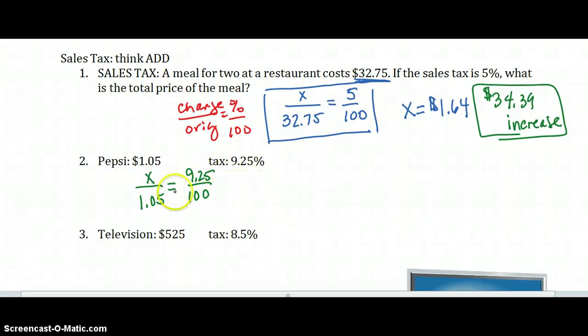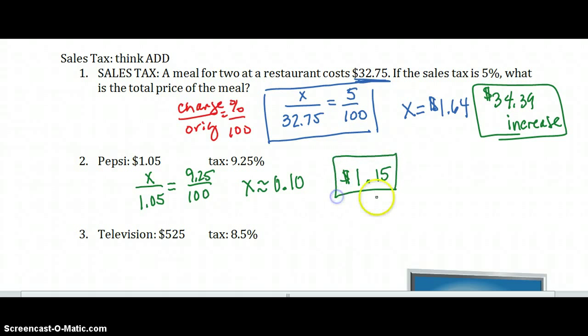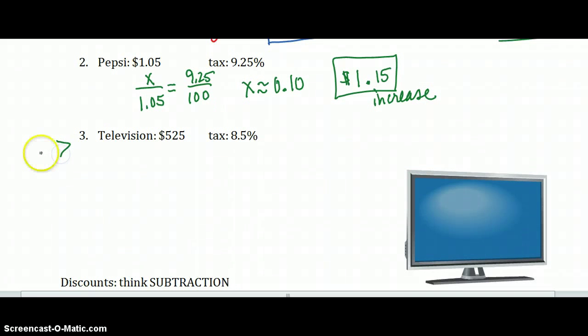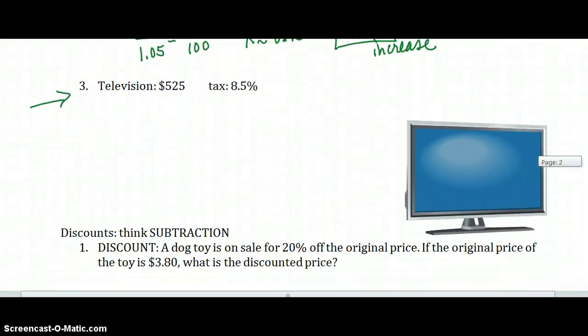Alright, when you cross multiply that out, you'll end up dividing by 100, x turns out to be approximately 0.10, so I rounded that up. So that means our total cost of our Pepsi Cola, we need to add 10 cents to our $1.05, so it's going to be $1.15. And of course that was an increase because it was tax being added. I'm going to let you all figure out the cost of our television, if it's $5.25 and 8.5% tax.